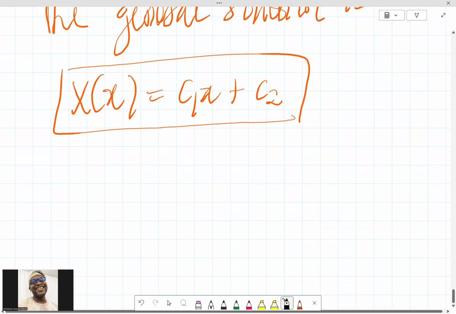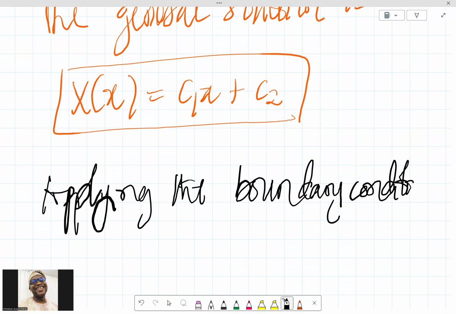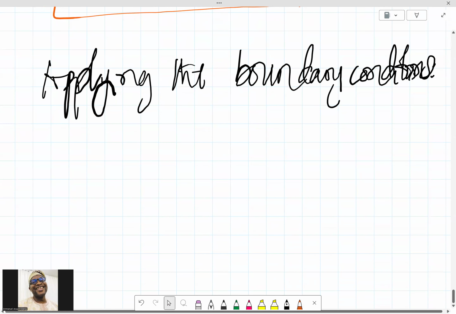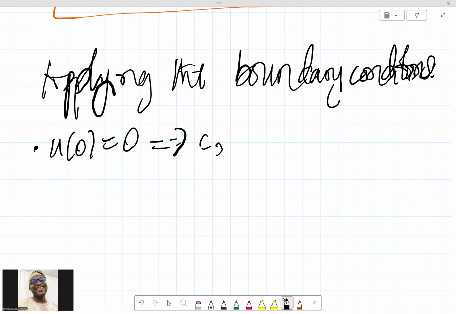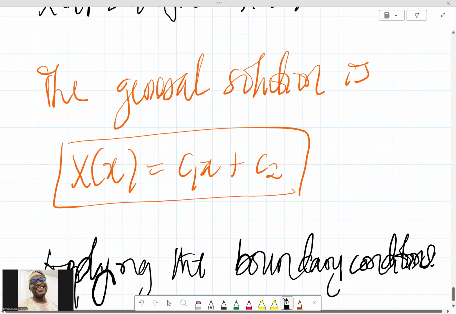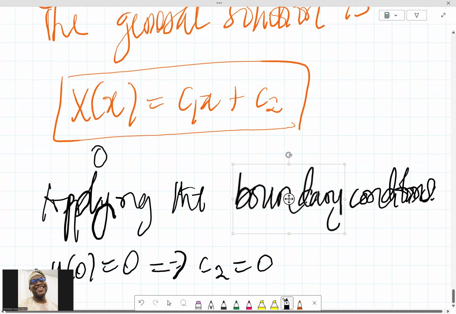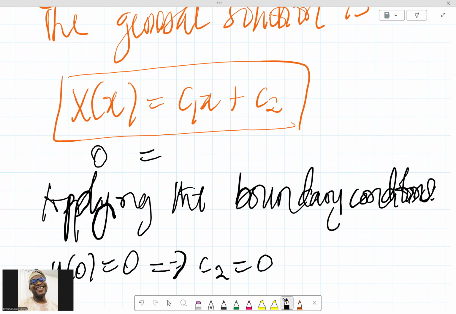So if we now apply the boundary conditions, we have u of 0 equals 0, which implies that c2 is 0. When x is 0, the c1 x term vanishes and we only have c2 left, so c2 must be 0.